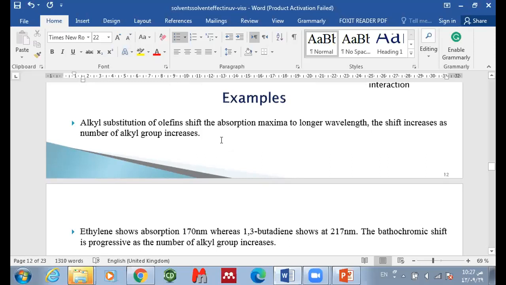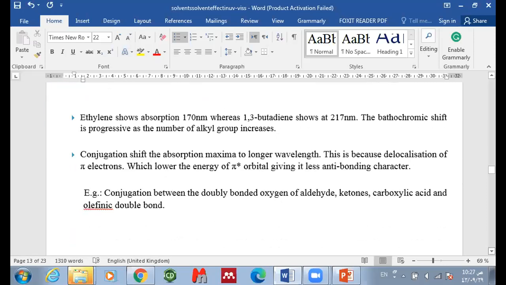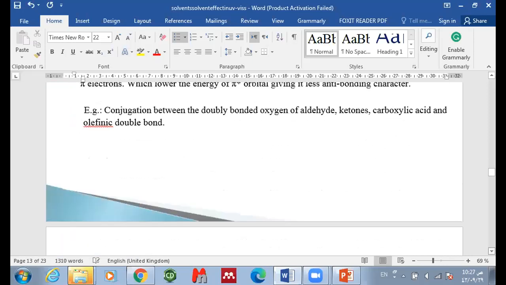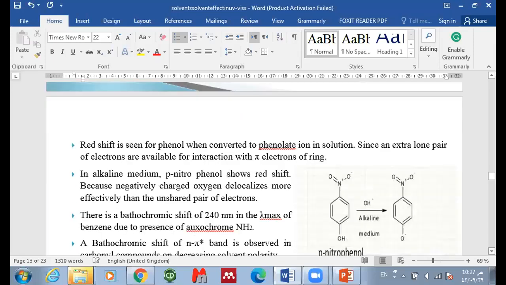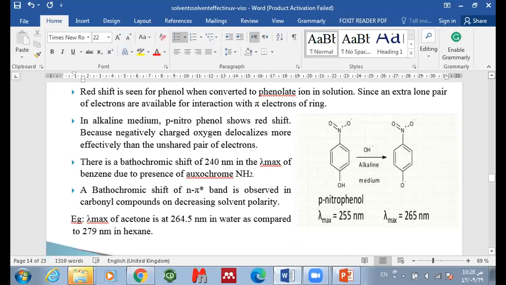If you remember the Woodward-Fieser rule, when we add an alkyl group to the olefin, this will increase the absorption maxima. We discussed this in a different example.